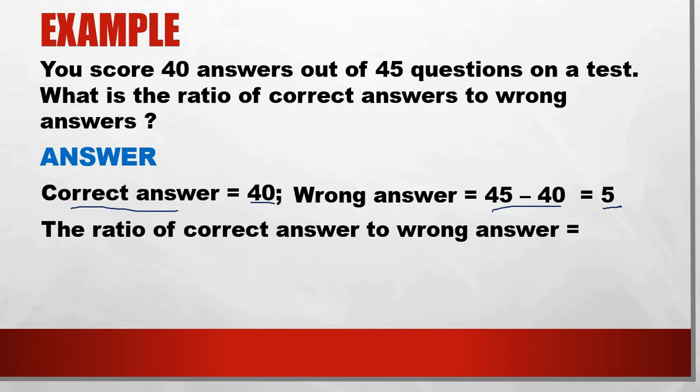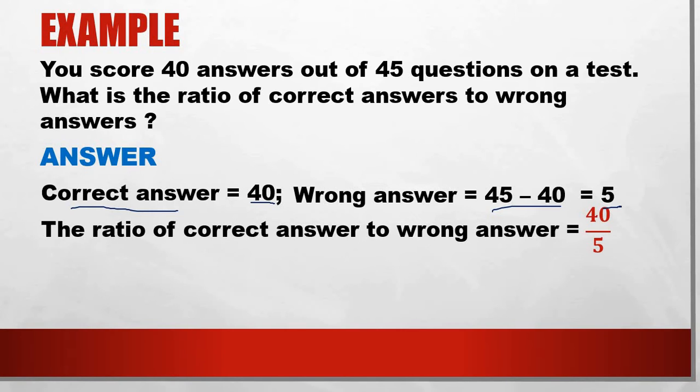So what is the number of the correct answers? We have 40. What is the number of wrong answers? We have 5. So that would be 40 over 5. Now we can simplify this further. Like I said, you must reduce if they can be. So we find out what should be the lowest.